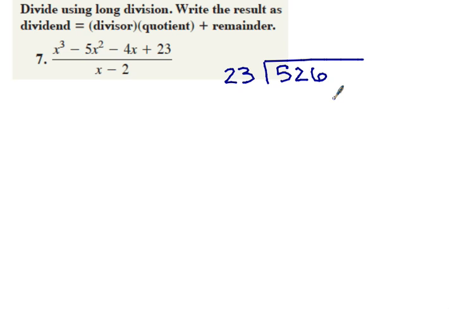So how many times will it fit into 52? We'd put the 2 up there, and then we would do the 2 times our 23, and so we'd end up with 46. Then we'd subtract: 52 minus 46, which is 6. And then we would bring down that next term, a 6. And we'd see, how many times does this fit into it?